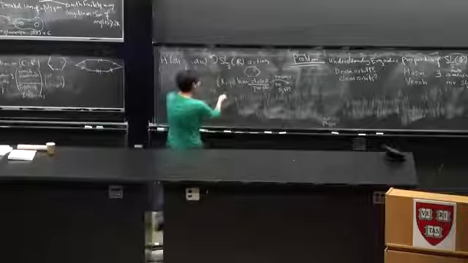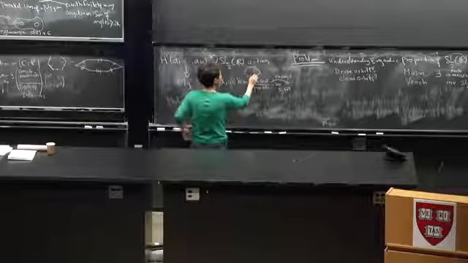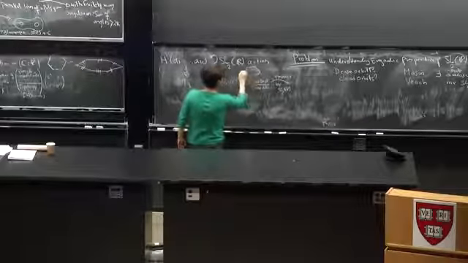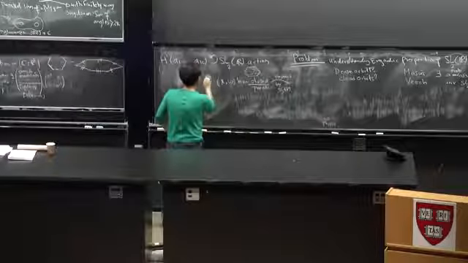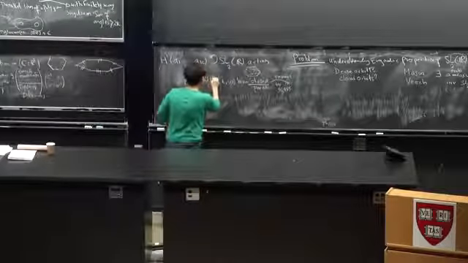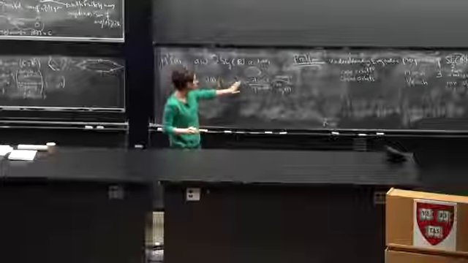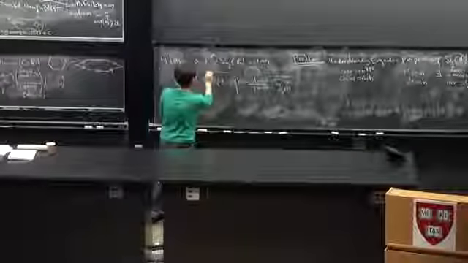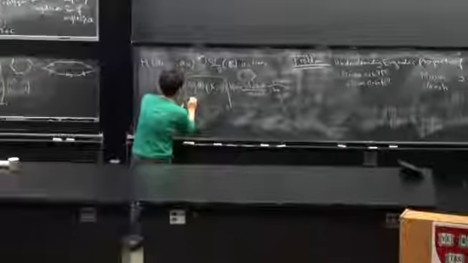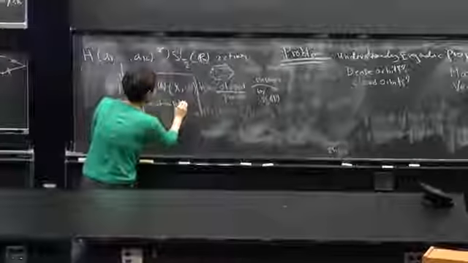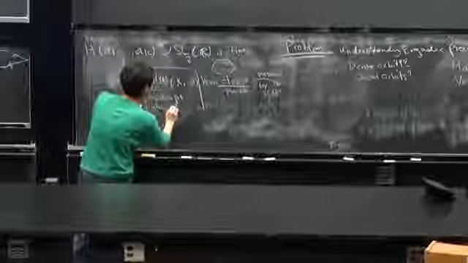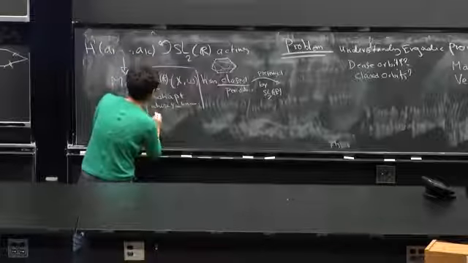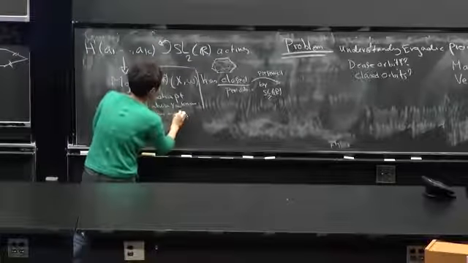So if you want to find a closed orbit here, you can act by SL2R and try to reach a point where you know there are periodic points.